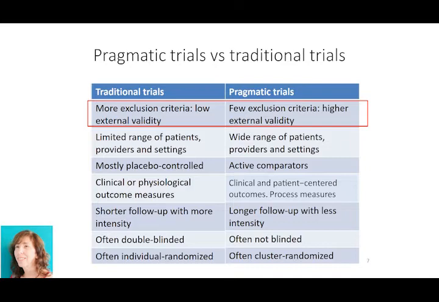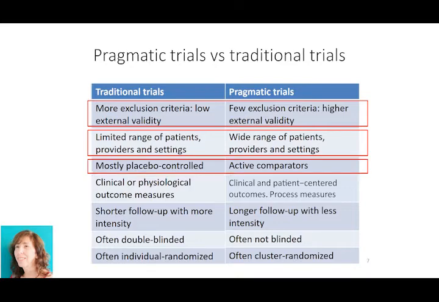In the same way, we can say that traditional trials usually include a limited, very restrictive range of individuals or providers or settings, while pragmatic trials include a wider range of participants, gaining again in generalizability of their findings.